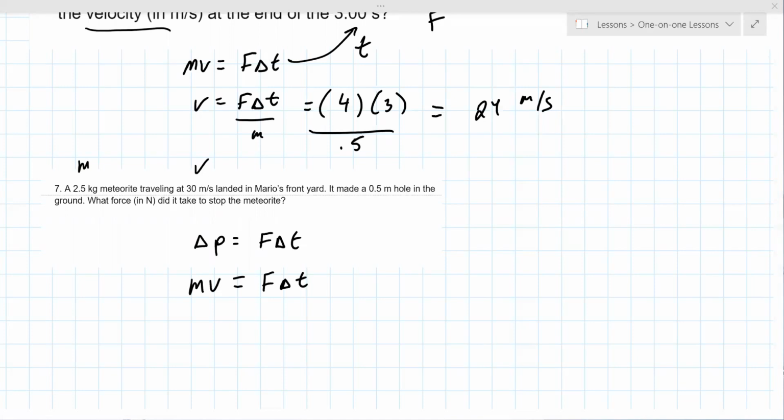I'm struggling a little bit on this one because we don't know the time. That's no good. I'm not sure if we can calculate the time. It made a 0.5 meter hole in the ground. There's something I'm missing here to be able to do this.